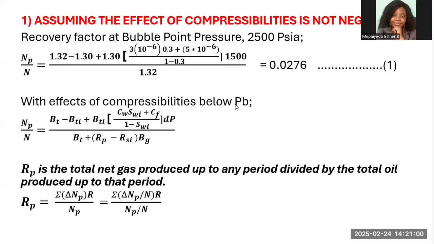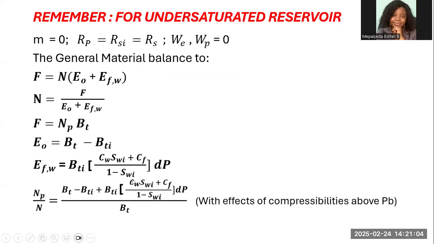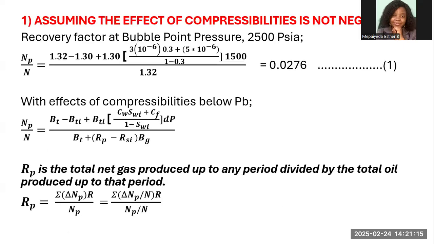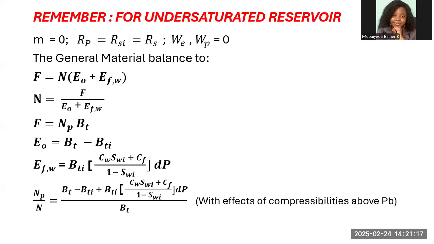Again, let me go back so that you can fully understand it. This is the equation. Above the bubble point pressure, you have your NP over N. The NP over N is the equation here. Okay.